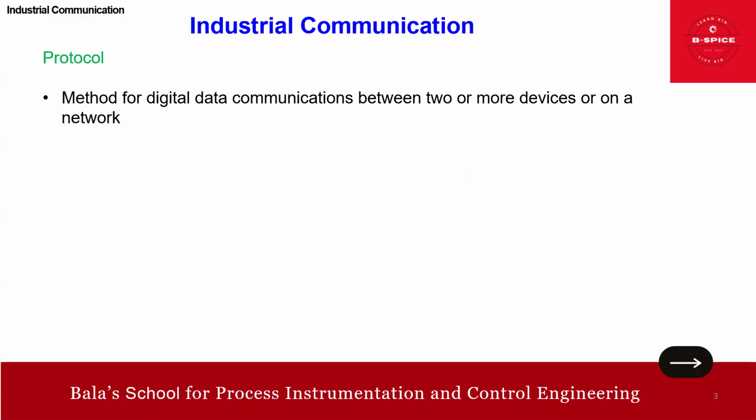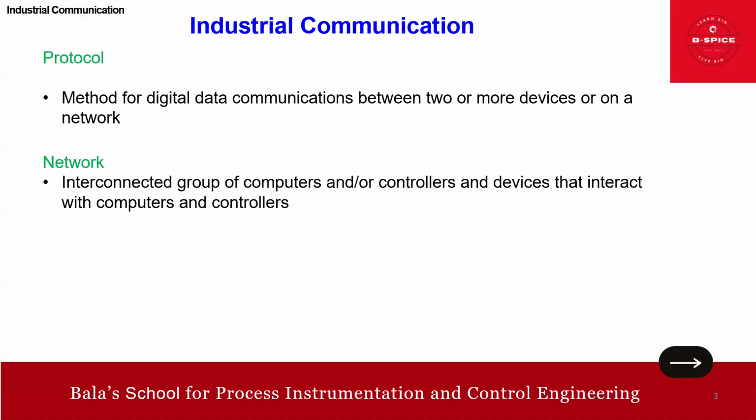Then when we talk about network, what is a network? A network is nothing but an interconnected group of computers, controllers and devices that interact with computers and controllers. That's the definition of network. Then there is a question on node. What is a node? A computer or other device in a network. That is a node.